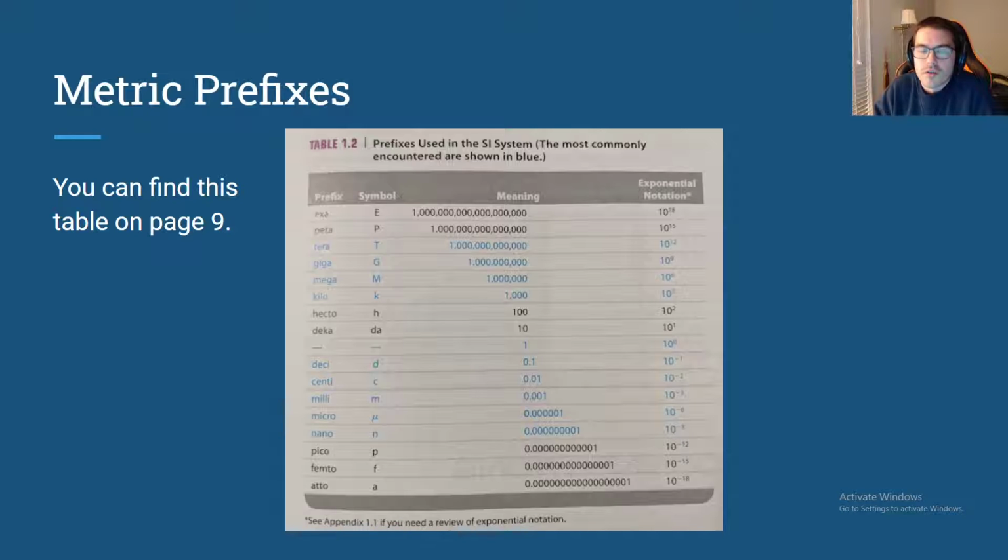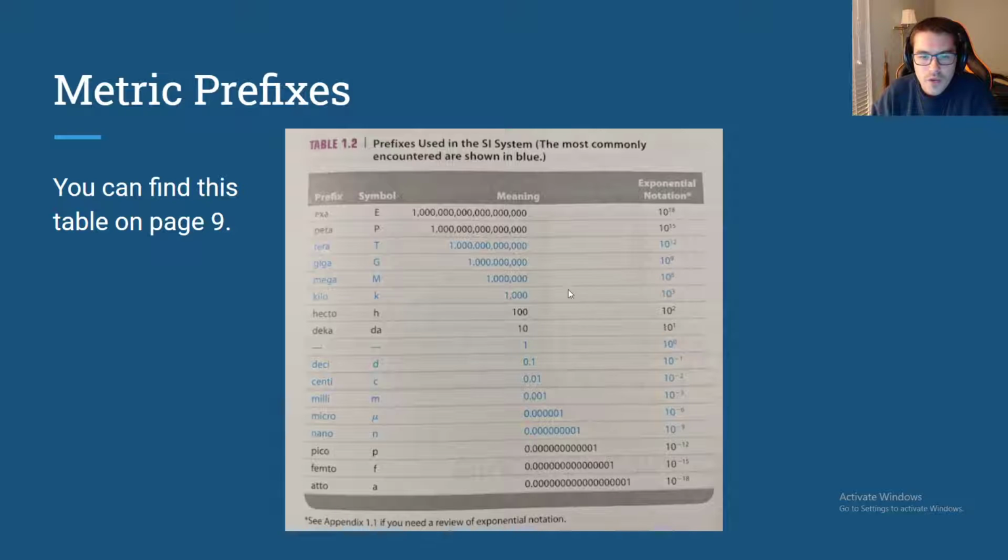But if we're measuring something that is enormous, or not even enormous, but just really, really long, then we might not want to use meters. Because we might start measuring it, and it might be thousands and thousands or millions or billions of meters. So that's when these prefixes can come in handy.